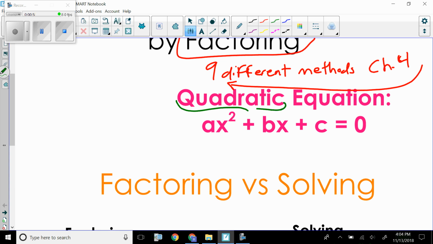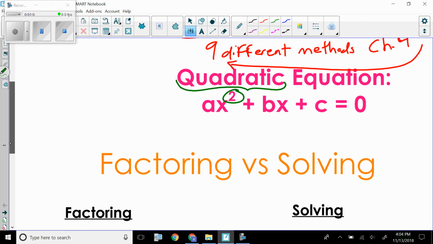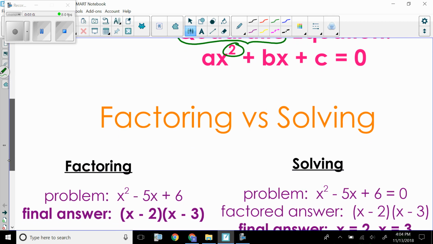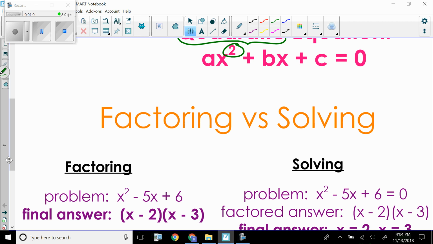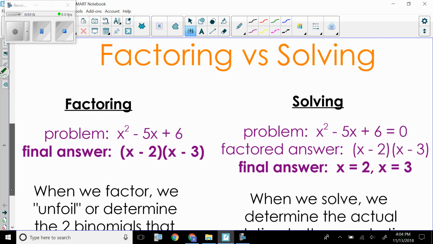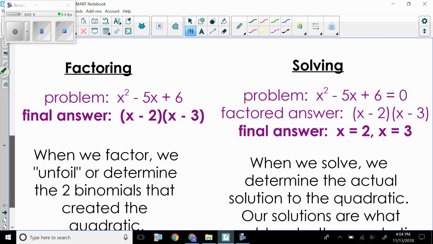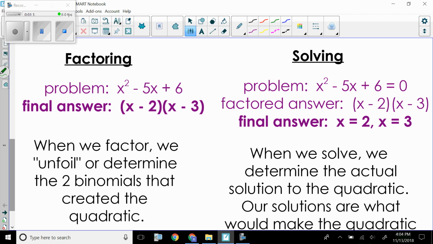Quadratic, of course, we know comes from that 2. That's when we call it quadratic, because it's got a 2 there for my degree. Now, when I'm talking about solving and factoring, when I'm just factoring, there is no equal sign. When I am solving, I have to have an equal sign.